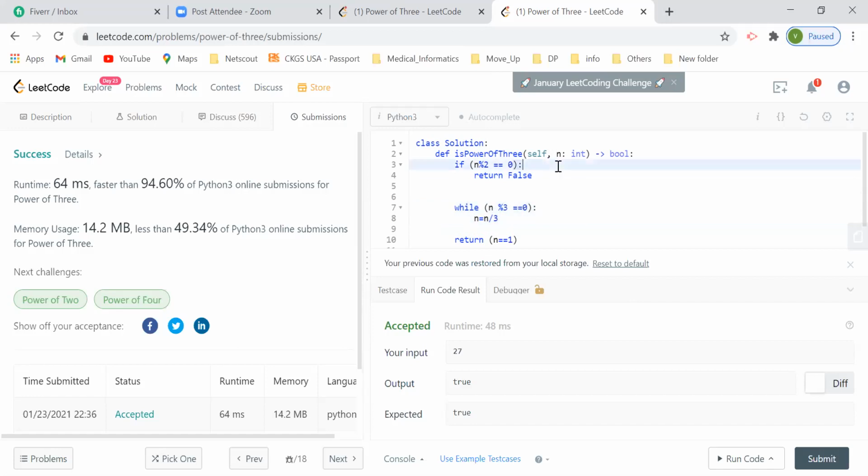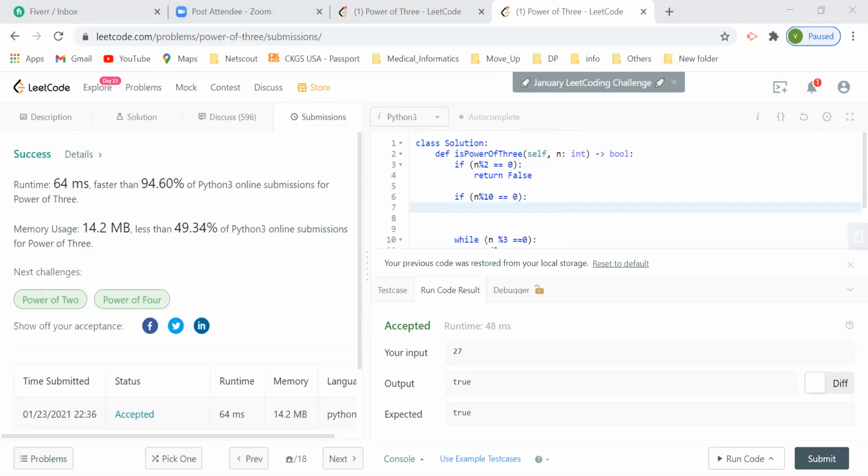Even if you could do this one, if n mod 10 equal to 0... So basically it is 3, 9, 27. If that number ends with, that's only applicable for 9, something like that I remember reading.